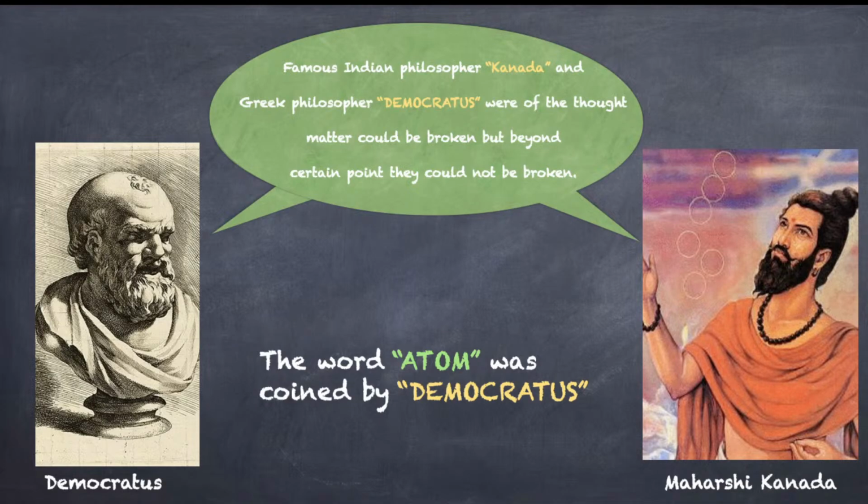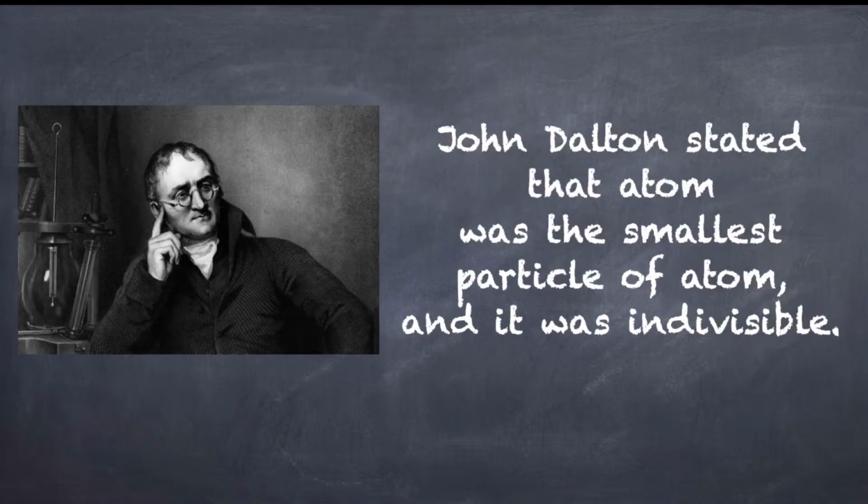We also studied that the word atom was coined by Democritus. We also learned that John Dalton proposed his theory of atom, which stated that the atom was the tiny and fundamental particle of any element which could neither be created nor divided.